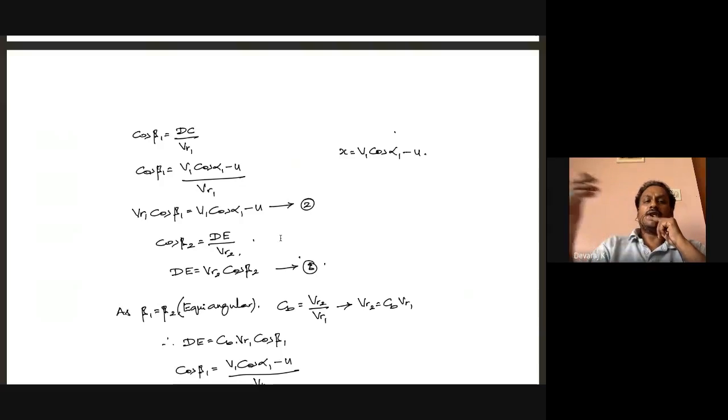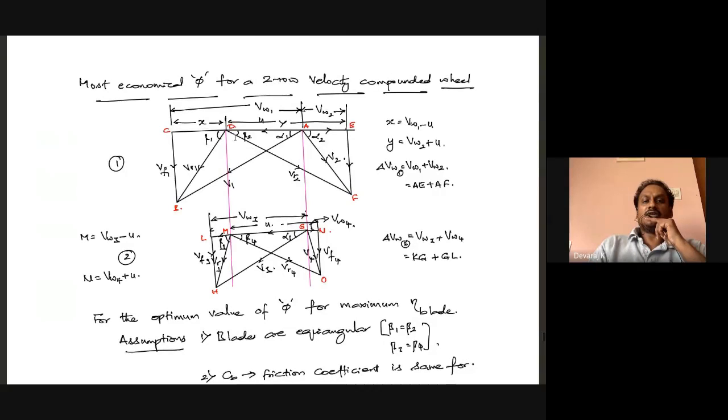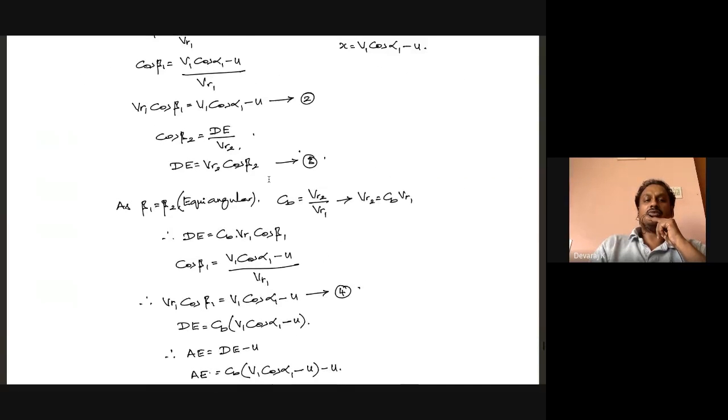Now let's go to the exit velocity triangle. What is cos beta 2? Cos beta 2 is equal to DE divided by VR2, the adjacent side divided by the hypotenuse. Cross multiplying, DE is equal to VR2 into cos beta 2.